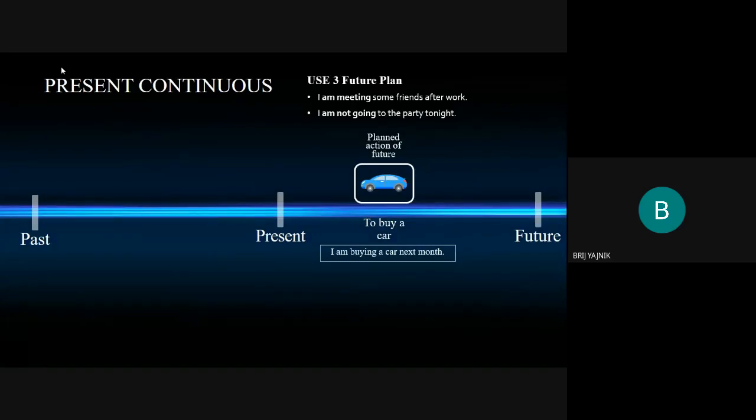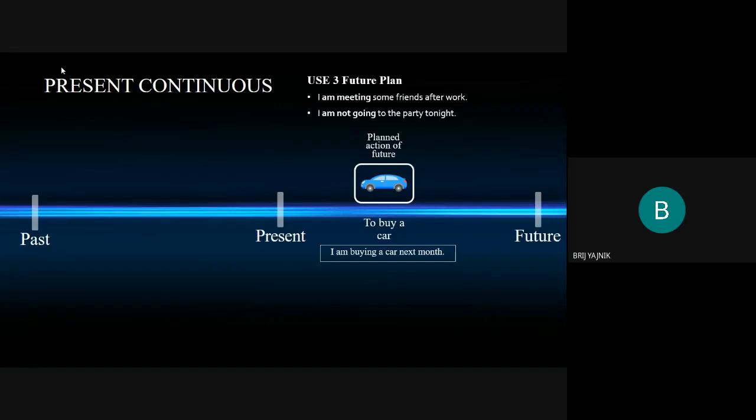And for plan, we use present continuous. Now, when you say I'm going to meet, am going to is actually equal to will, and your main verb is meet. So you should say I am meeting rather than I'm going to meet. Anderson, did you understand what I'm trying to explain? And Musti, you should write I am sleeping tonight. Your direct verb should be ing. You don't need to add going to everywhere, because when you add going to, the meaning changes. So you cannot say I'm going to visit if you're talking about a future plan.